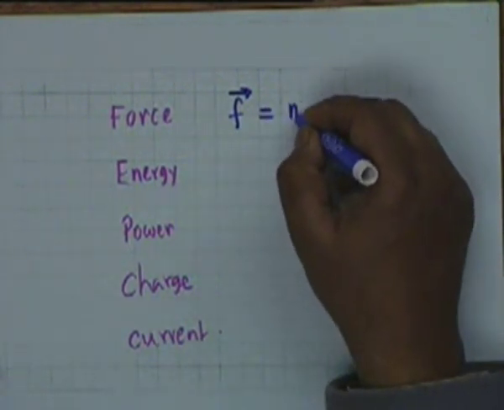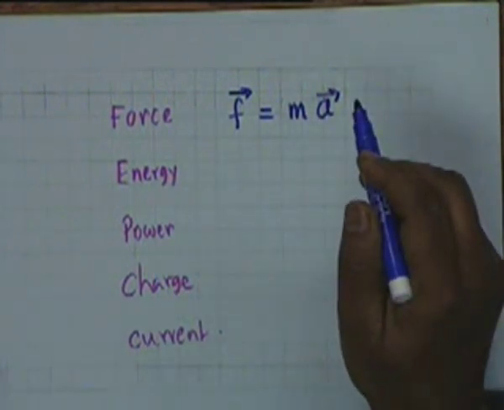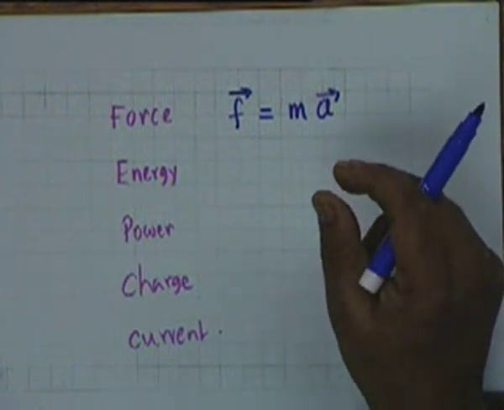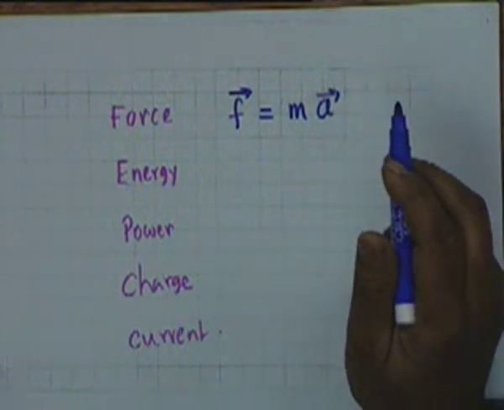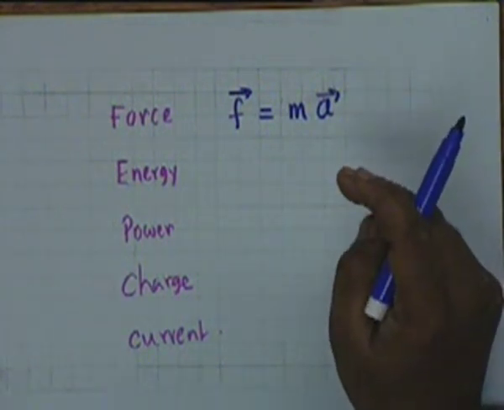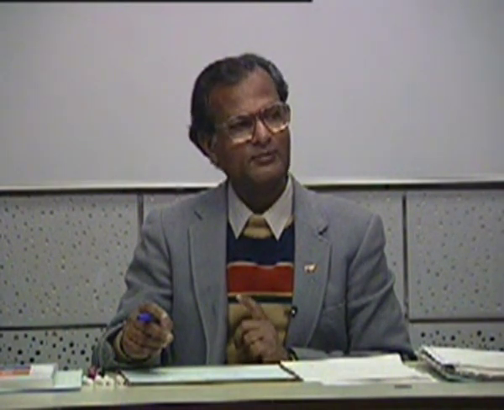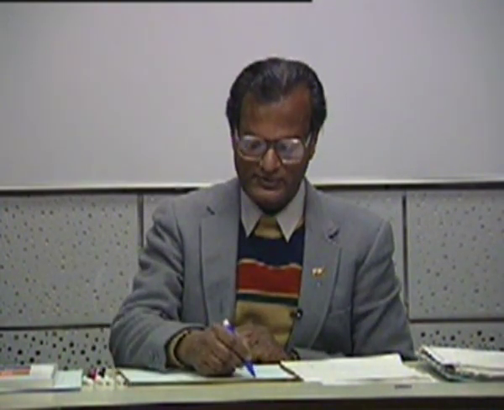Force is a vector given by m times acceleration, mass times acceleration, and the unit of force is 1 Newton in International System of Units, SI units. 1 Newton is the force required to generate an acceleration of 1 meter per second squared to a mass of how much? 1 kilogram. All right. So the unit of force is 1 Newton.